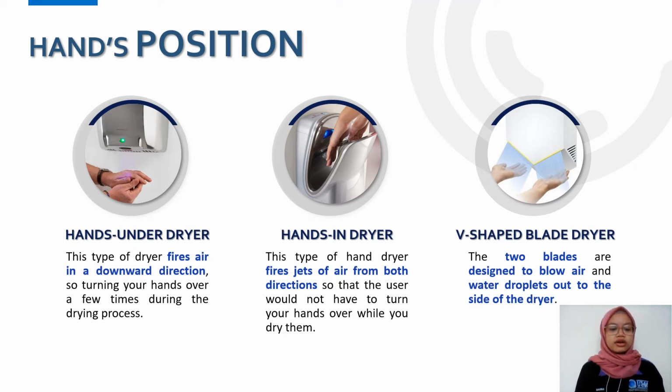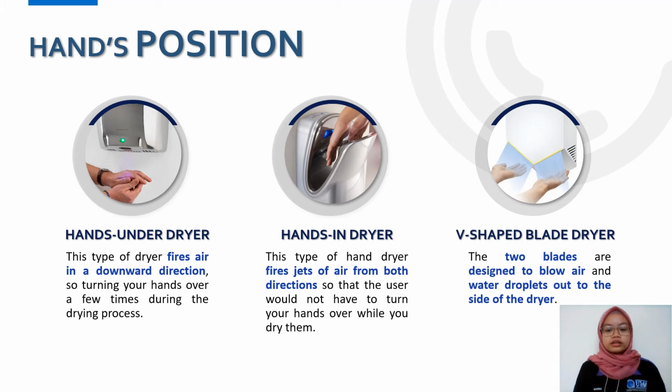Hands under dryer is a type of dryer that fires air in a downward position, so you have to turn your hands over a few times during the drying process. Hands in dryer is a hand dryer that fires jets of air from both directions so that the user will not have to turn their hands over while drying them.